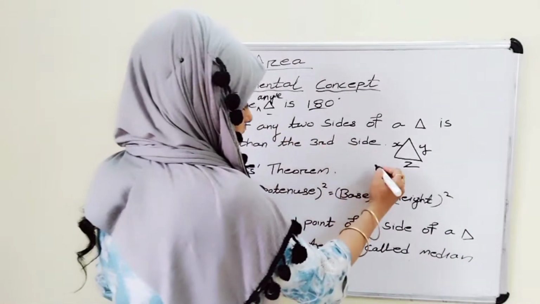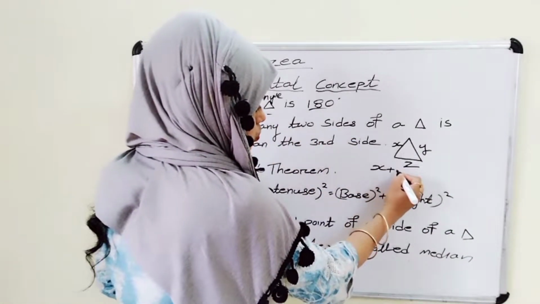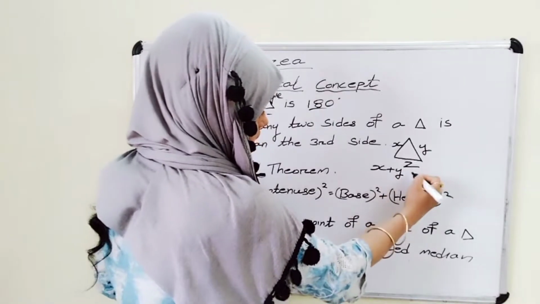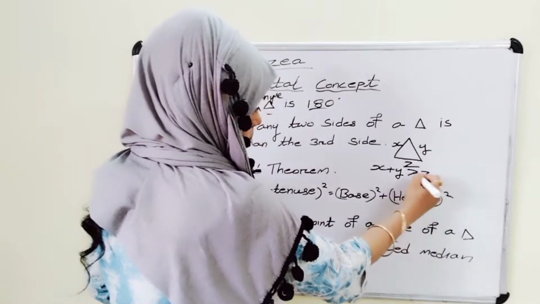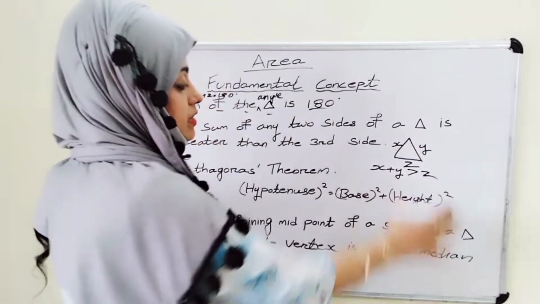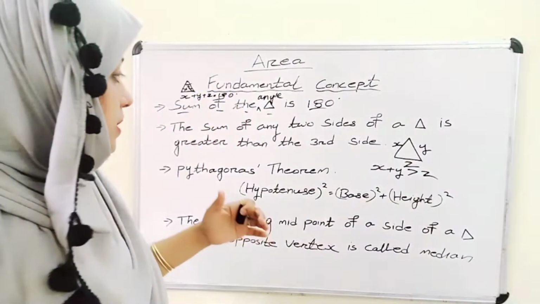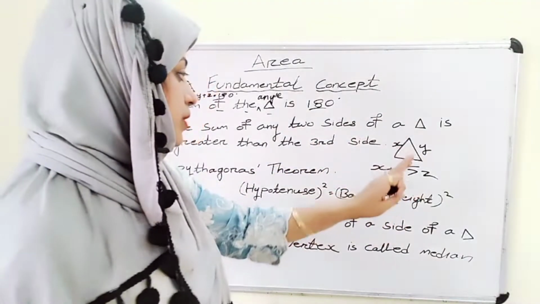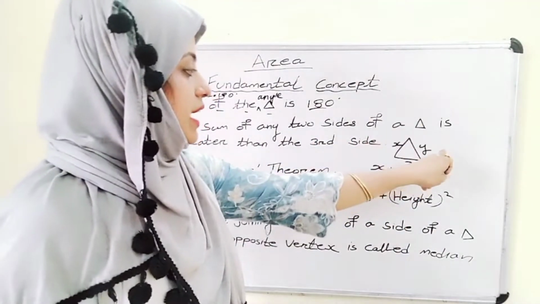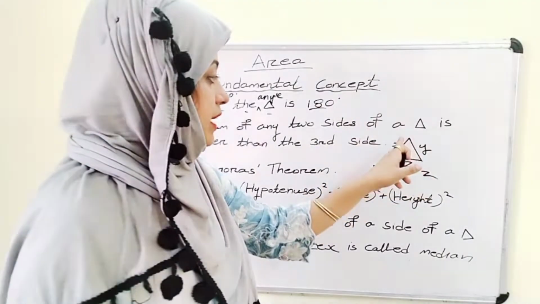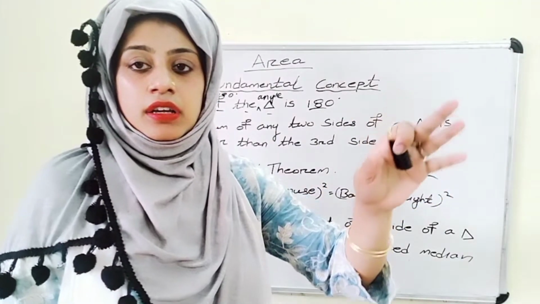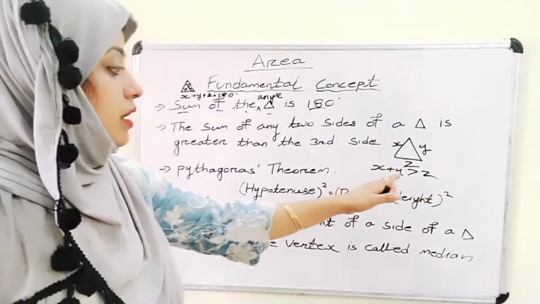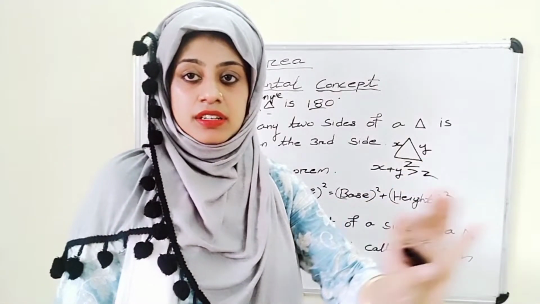This property says x plus y must be greater than z. That means for any two sides, you can add x plus z, y plus z, or x plus y, and the sum must be greater than the remaining side.